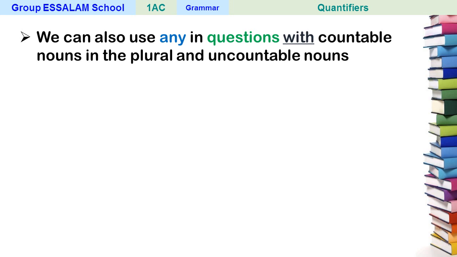Questions of request, like can I? Or questions of offering, like would you like? Okay? But here, any, we can use in questions whatever the question is, but it is not an offer or a request. Okay?